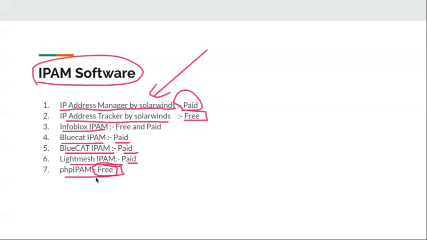So if you are trying to automate this and integrate and create the authorization, trying to associate the roles so that the users are able to get the definite permissions, and they are only able to access this kind of resources inside your infrastructure, then this PHP IPAM can be a little bit difficult, although it has an integration with the Active Directory, and it allows authentication using the Active Directory if you have that implementation in place. So that is about the IPAM softwares which are available for you to use.